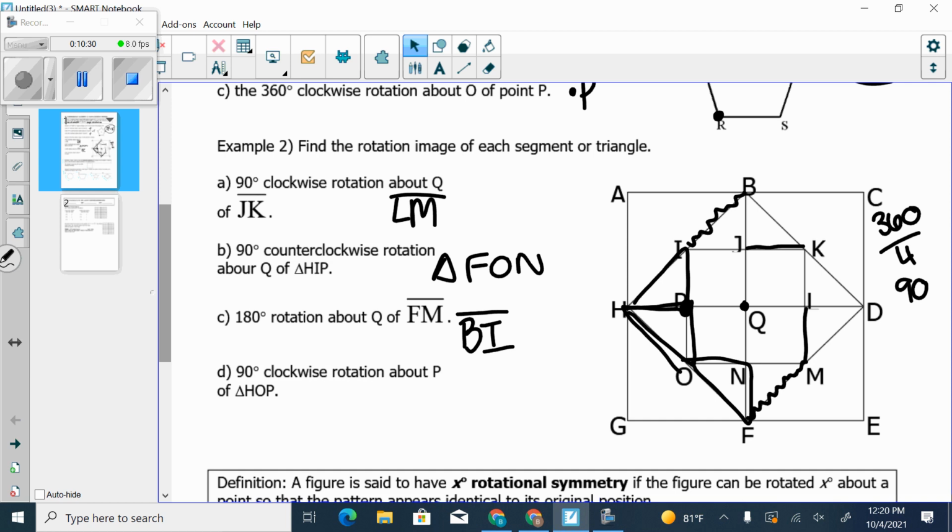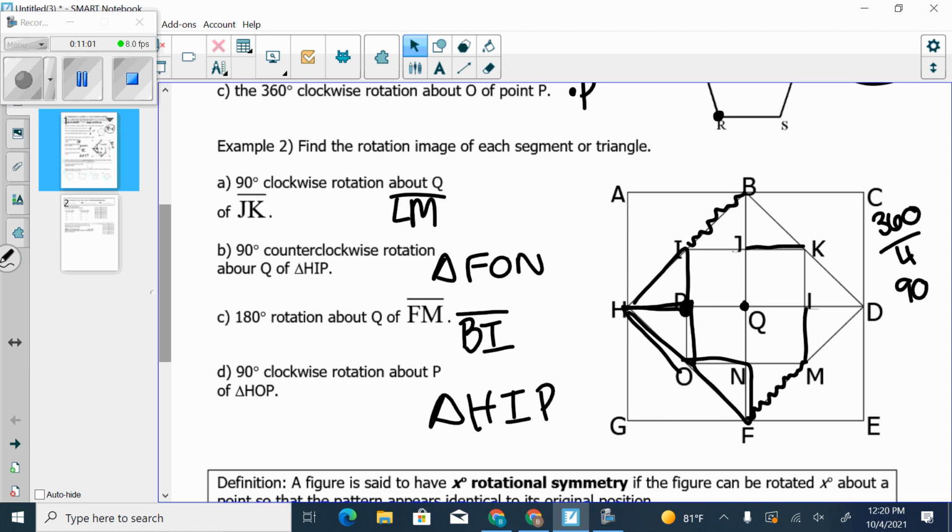If I go a 90 degrees clockwise rotation, then I end up at this triangle. Very good. So we were here. If I rotate 90, I just end up on the triangle right above it because now P is our center instead of Q.